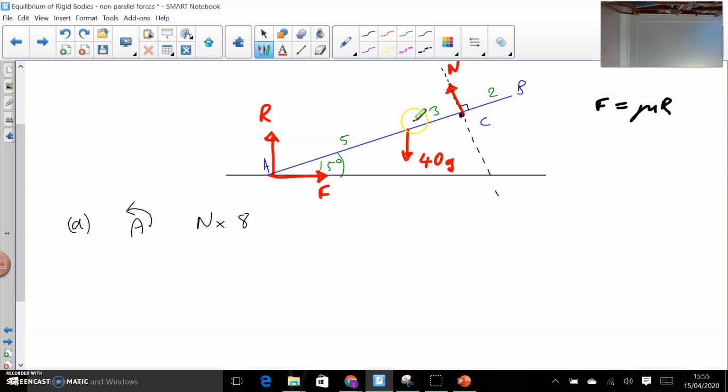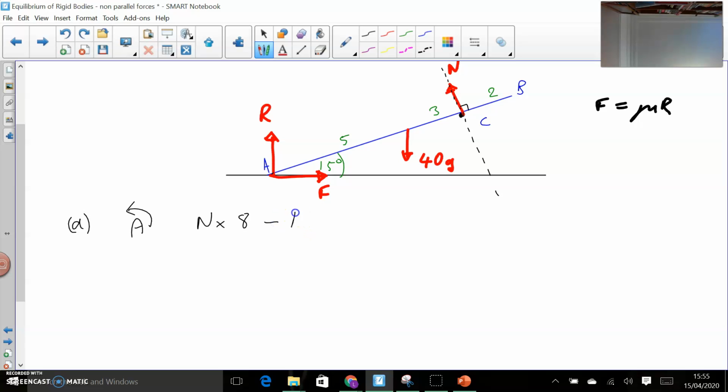And then we've got the 40g. Now the 40g turns the other way. N, as you can see, is turning anti-clockwise, and I've indicated that anti-clockwise would be positive. So N times 8. The 40g turns clockwise, so that would be a negative moment.